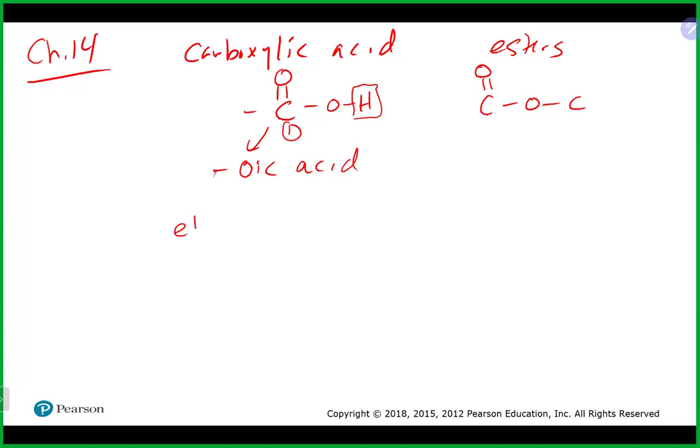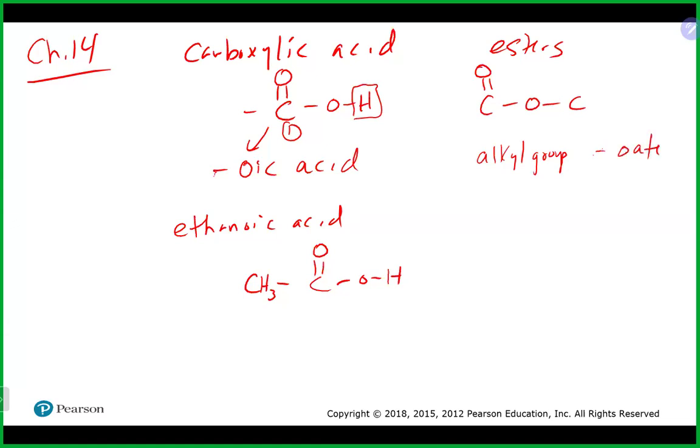So if we have something like ethanoic acid, that is a 2-carbon group, like so. Looks something like that. For esters, it is named as sort of an alkyl group. And you then end with oate at the end of it.